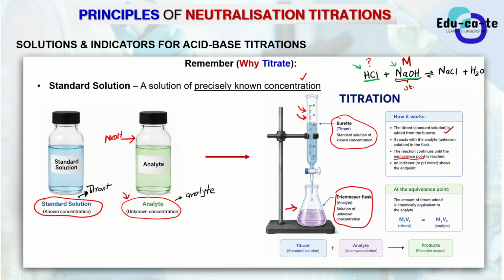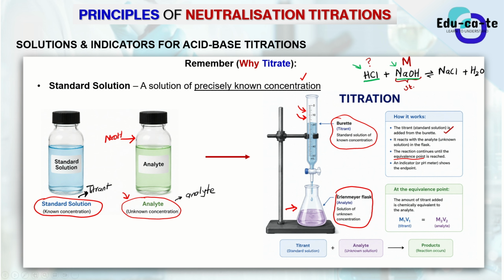So when we start the titration, we assume that the number of moles of the hydrochloric acid and the sodium hydroxide are not the same, they are not equal. But due to the titration and the reaction that is happening, they will end up becoming equal to one another.